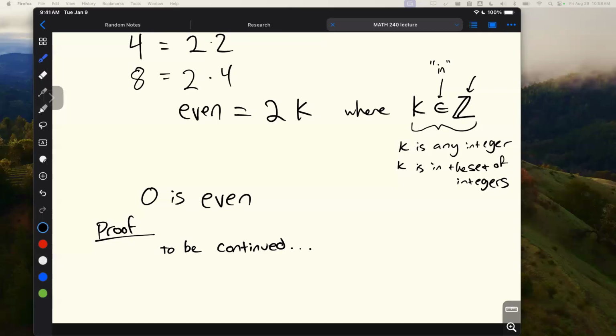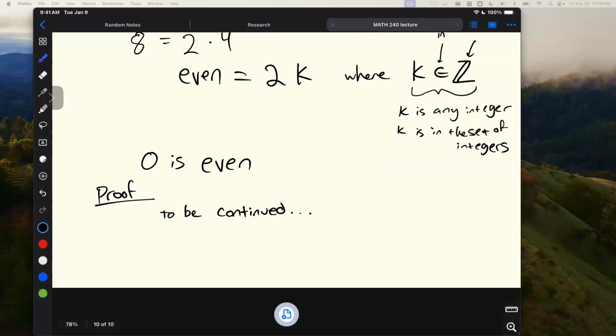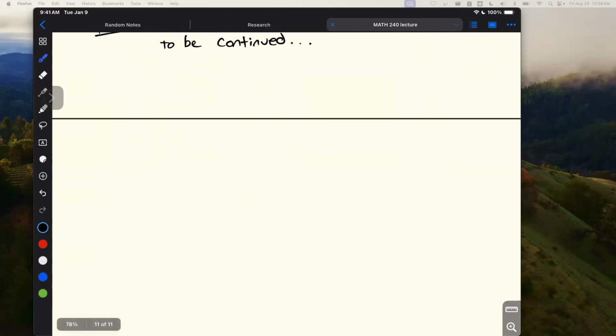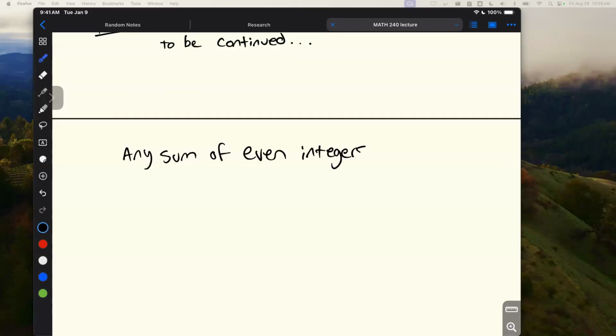Okay, so when we write an even number in the form of 2 times k, we can prove stuff. And so we're going to start with the proof that any sum of even integers is even.